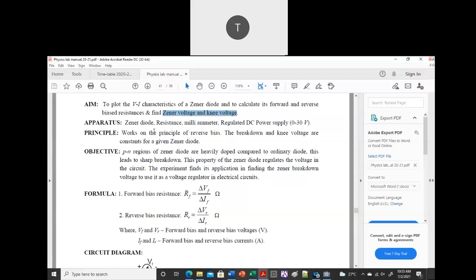If I want to use the Zener diode as a voltage regulator, which is the use of your Zener diode, then I have to use it in reverse bias. It doesn't mean that it will not work in forward bias. It will work in both forward and reverse bias. But only when it is working in reverse bias, it can be used as a voltage regulator. That we will see.